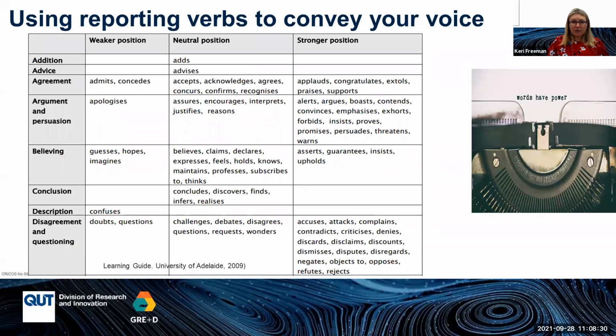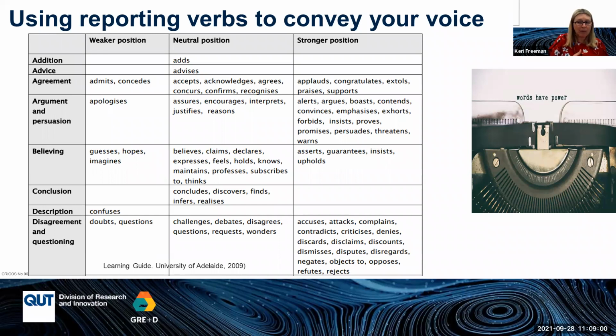Reporting verbs, really important. So mix them up. And again, we'll see those in the exemplar in a minute, but you can see there are weak, neutral and strong reporting verbs. So if there's a previous study you want to talk about because it's good and you're extending off their findings or potentially having similar findings, then you would use strong reporting verbs.